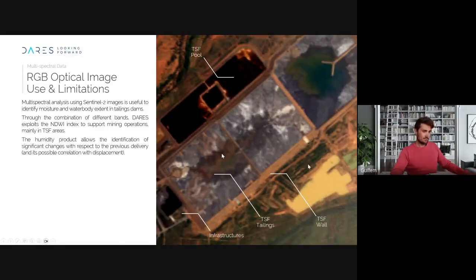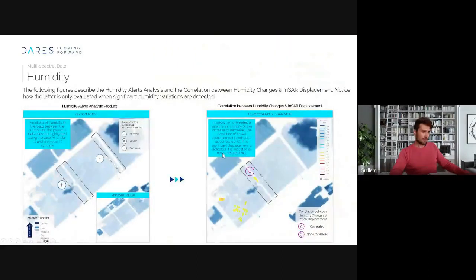So with the multispectral analysis of the optical images, we are able to see how water bodies or humidity in general is changing from one place to another, and mix this with InSAR data and see if in some places where you had some displacements, the water content has also changed.